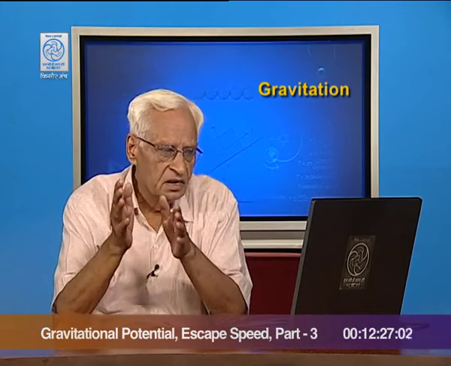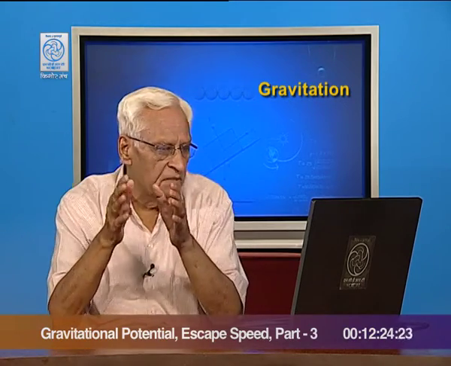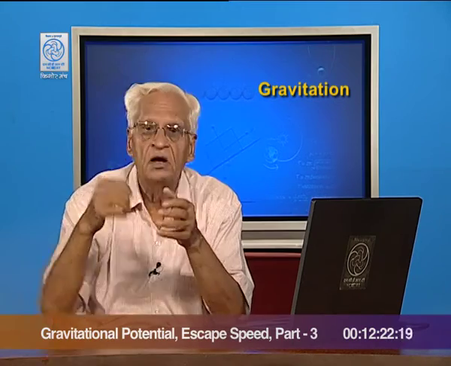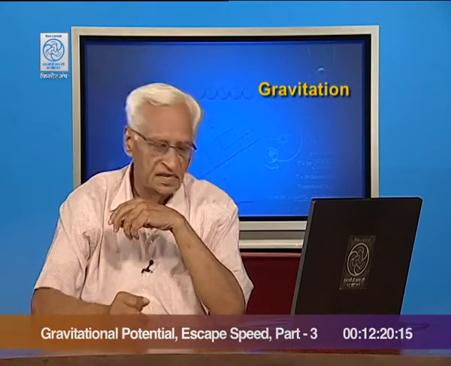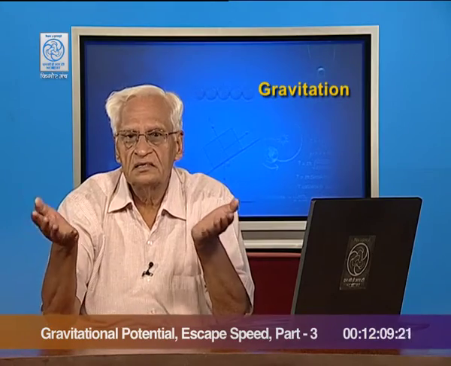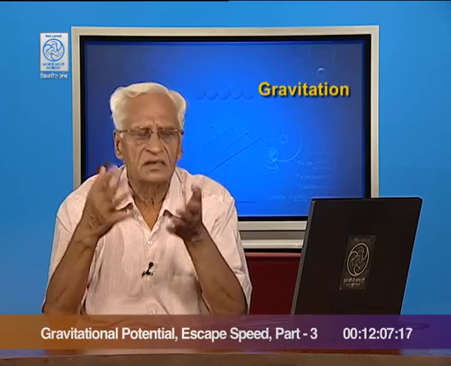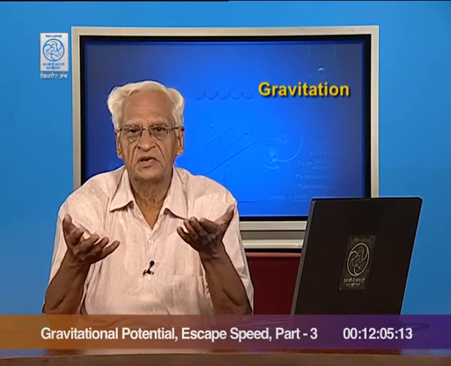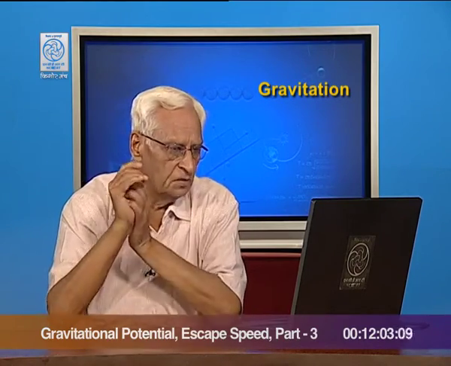So, the minimum speed required by a body to escape the gravitational field of another body is called the escape speed. It is obvious that the escape speed from the earth would depend upon the mass and radius of the earth, because the strength of the field is dependent on the mass and the radius of the earth. Therefore, the escape speed would also depend upon this.